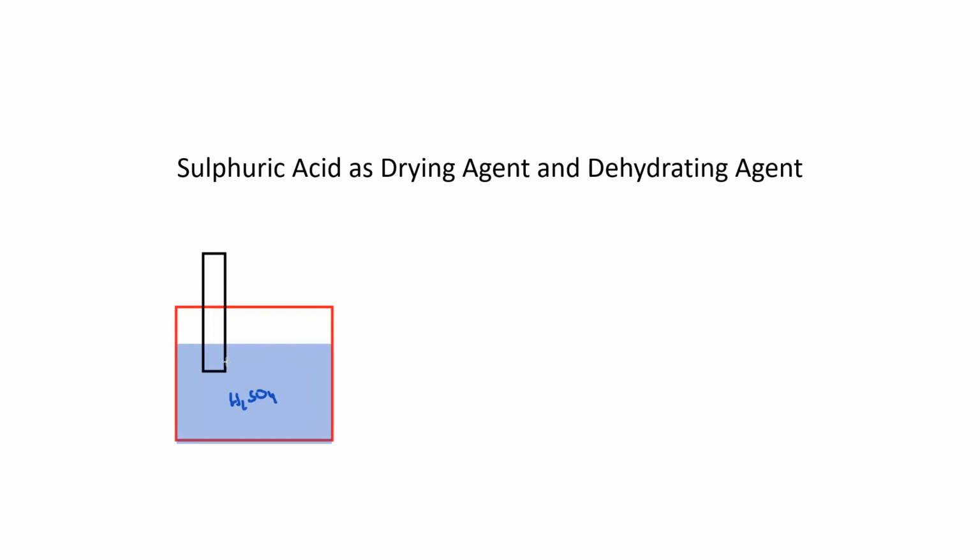So for example, we have a container which is filled with sulfuric acid, H2SO4, and we have an inlet for moist air and an outlet for dry air. On one side the moist air enters, and on the other side the dry air will leave.